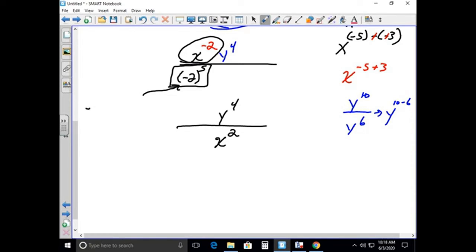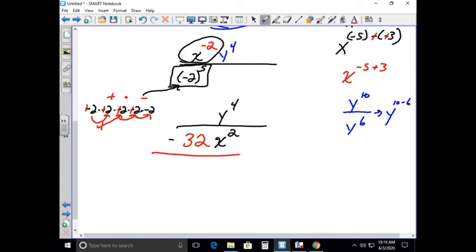So we have -2 times -2 times -2 times -2 times -2. Well, an odd amount of negatives is negative because 2 negatives make a positive, 2 negatives make a positive. All of those are positive times a negative. Positive times negative is negative. 2 times 2 is 4, times 2 is 8, 8 times 2 is 16, 32.